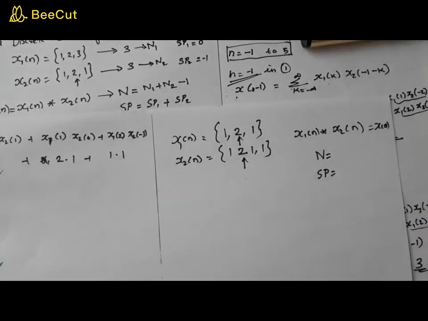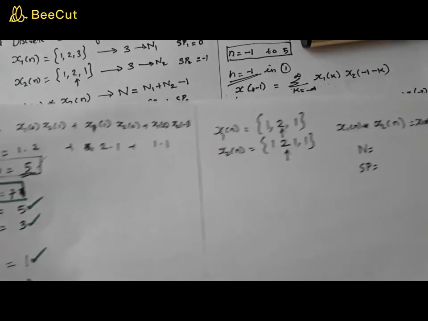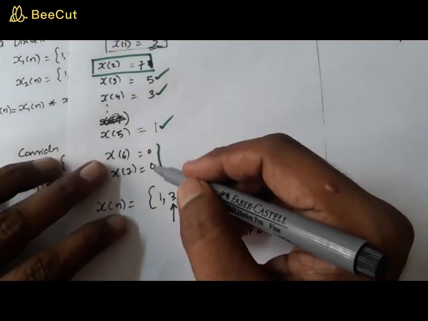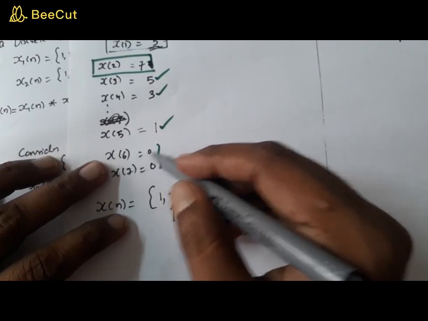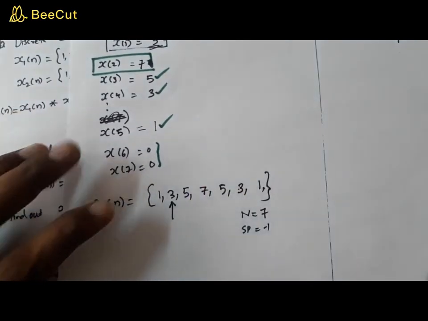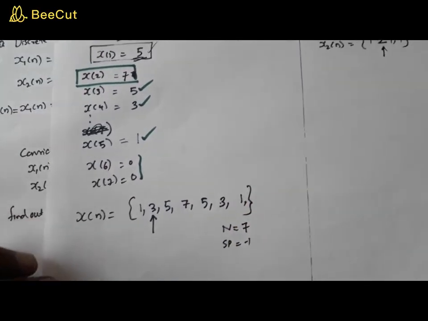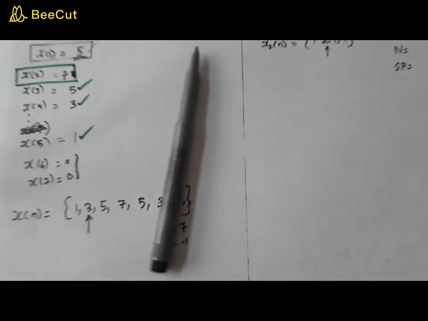After that you can see that all the others are going to be zeros. In this example also you need to find out x of 6 and x of 7 just to prove that all the other samples coming after that are going to be 0. So the total length of this convolved signal is equal to 7. So we'll see the graphical method in the next video.